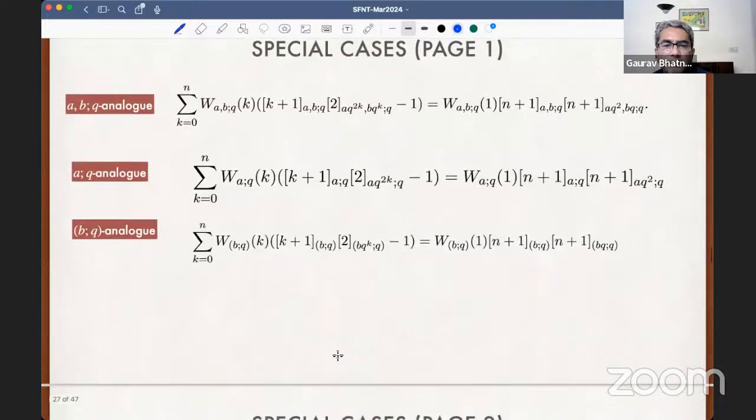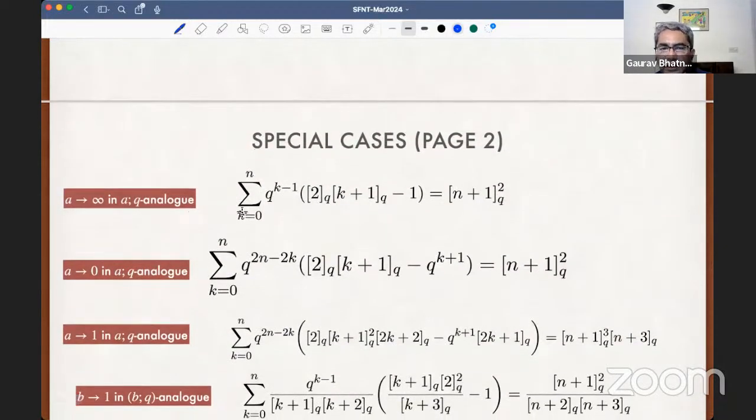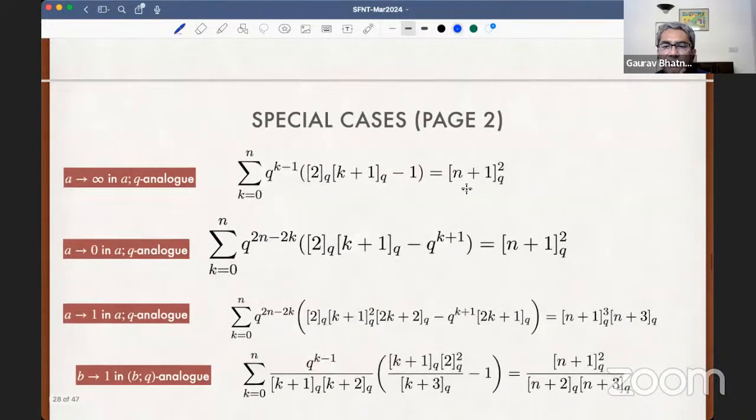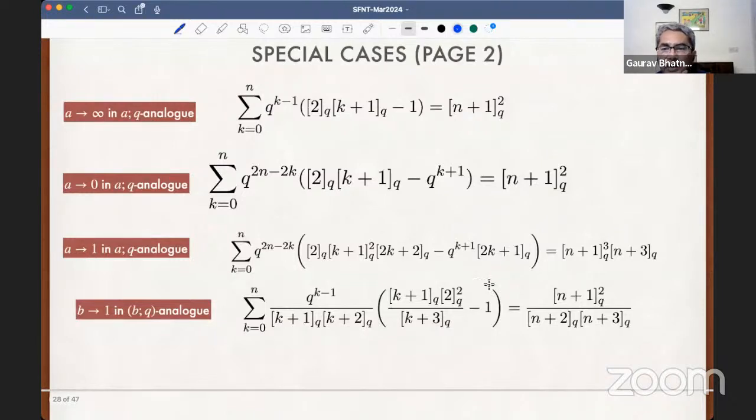And let's take more special cases. Suppose you remove the A, then you get this guy. So this is the Q number. If A is 0 in the AQ analog, then you get something slightly different on this side. If A is 1, you no longer get n squared on this side.